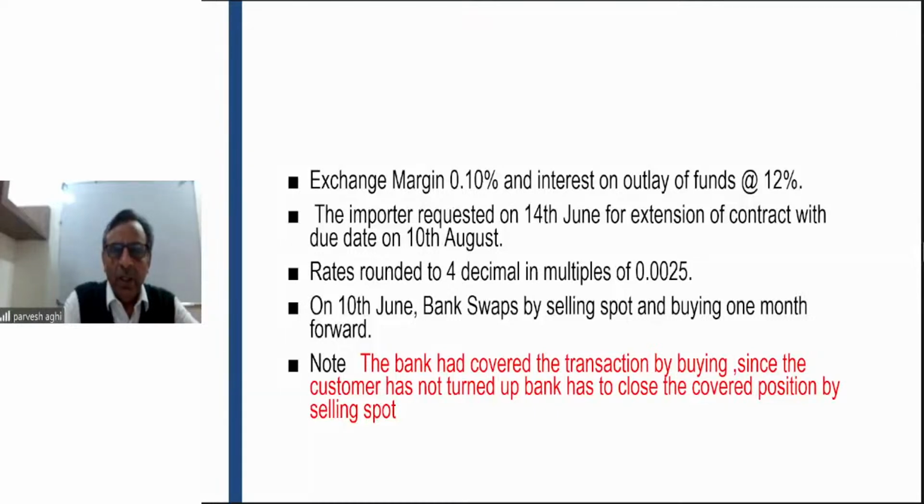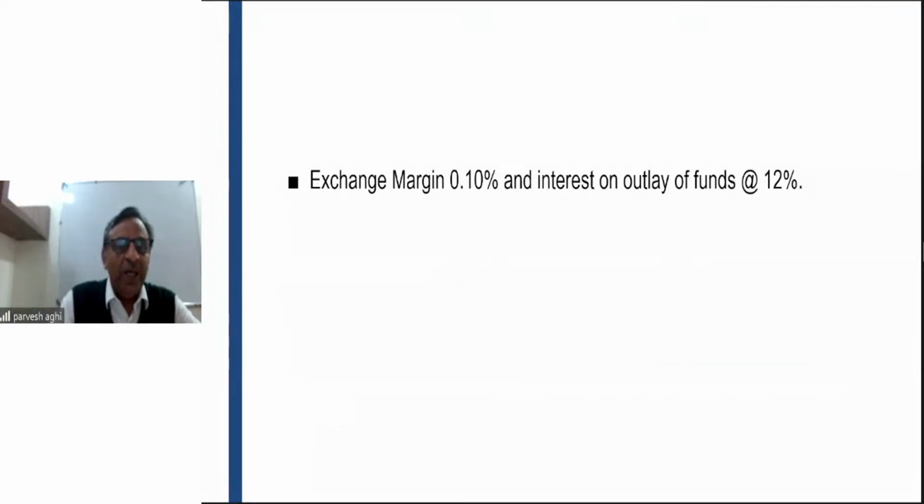On that day, since the customer has not turned up to the bank, the bank has to close the covered position by selling spot. On that date there was a covered contract already there, so the bank needs to close it. So the bank is basically selling spot to cancel or take care of the covered contract. Let's go back and see here.